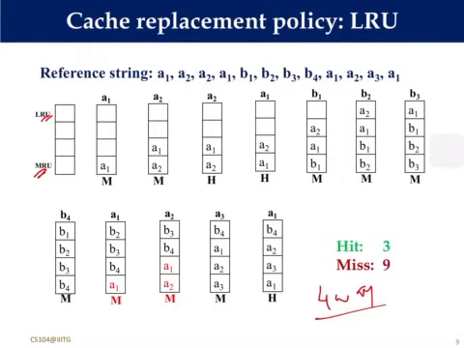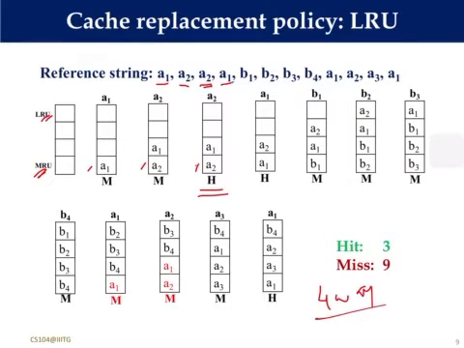Now initially the cache is empty, so A1 comes, now A2 comes, fine. Again A2 comes, this time it's a hit, and it is already there in the MRU end, so no issue.